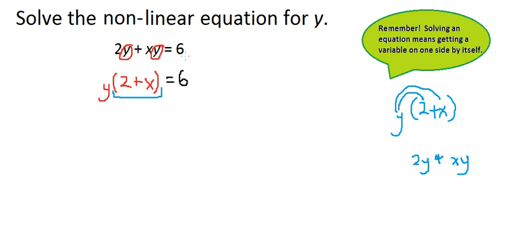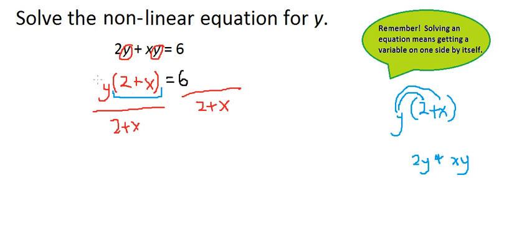We're going to treat this whole thing inside parentheses exactly like it is just one thing smushed together. The way you get rid of multiplication is you divide. So we divide both sides of our equation by 2 plus x.